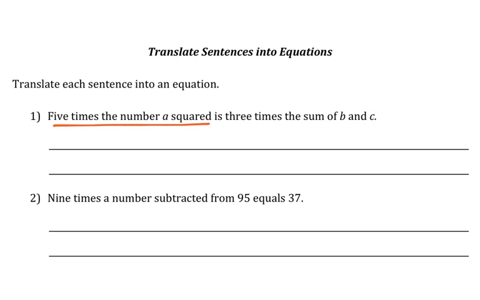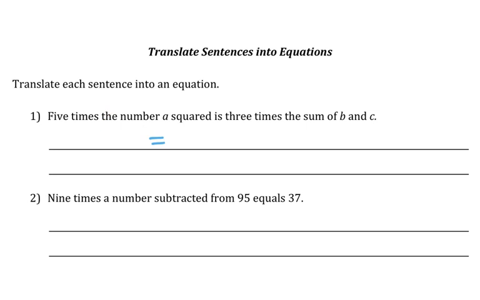So if I see the word is, I can just throw an equal sign to break apart the left from the right. So this red side that I have underlined says 5 times the number a squared. It's probably a little bit more normal for it to say 5 times a number squared.